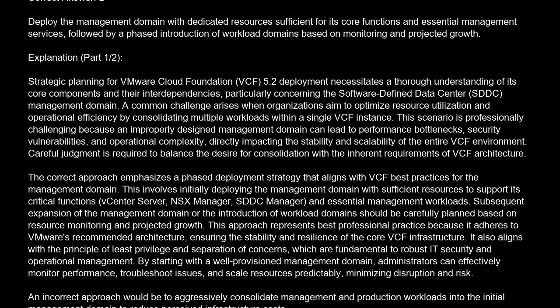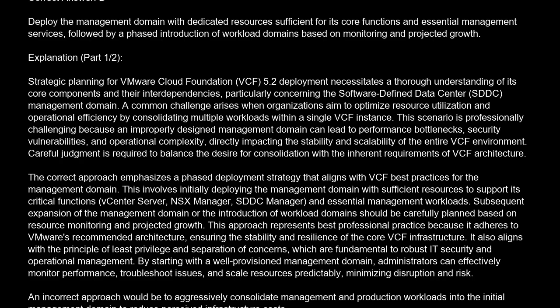This scenario is professionally challenging because an improperly designed management domain can lead to performance bottlenecks, security vulnerabilities, and operational complexity, directly impacting the stability and scalability of the entire VCF environment. Careful judgment is required to balance the desire for consolidation with the inherent requirements of VCF architecture.